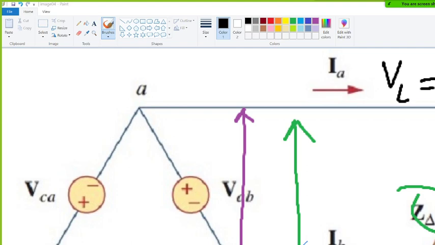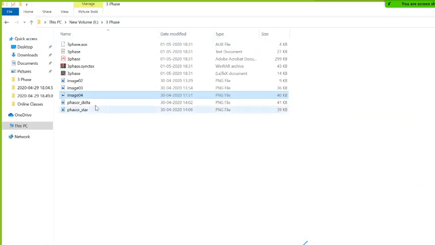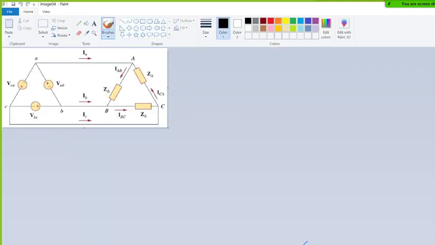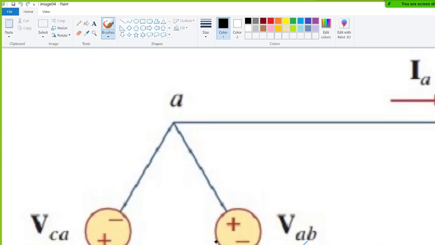Remember that for star connection, we had seen yesterday that VL was square root of 3 times V phase. Okay? So let me open this afresh. Now, this is the line current and this is the phase current. Can we say this?